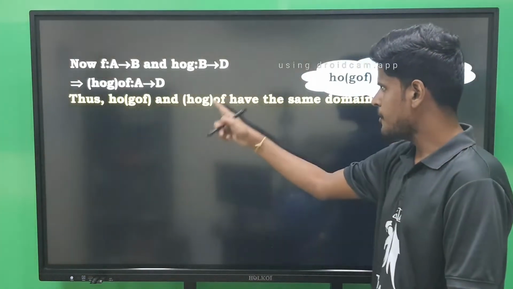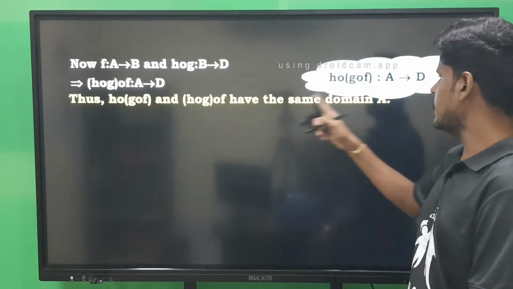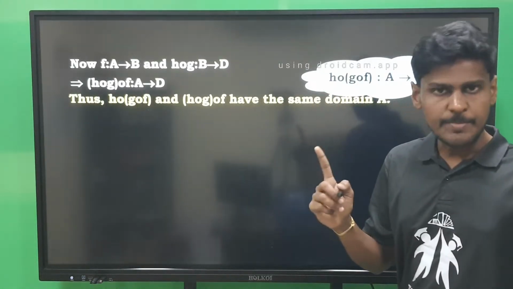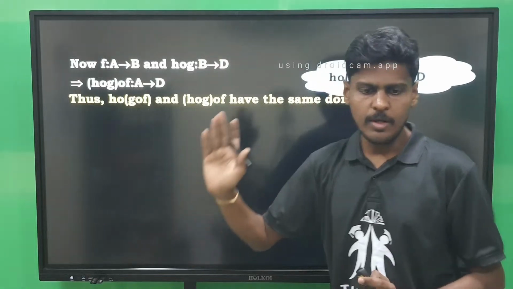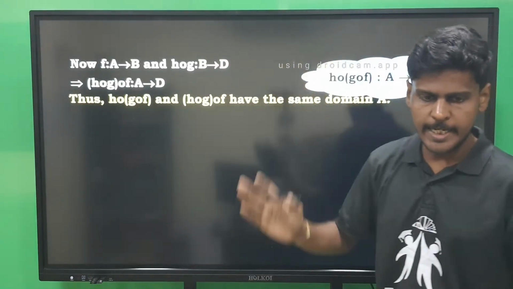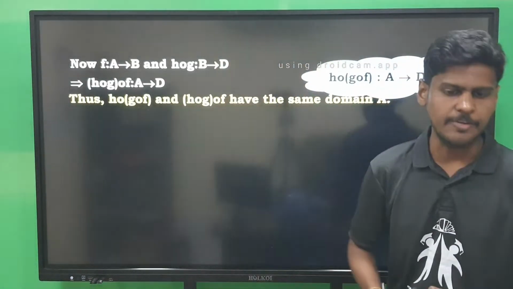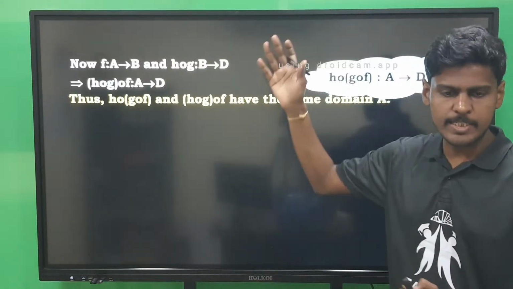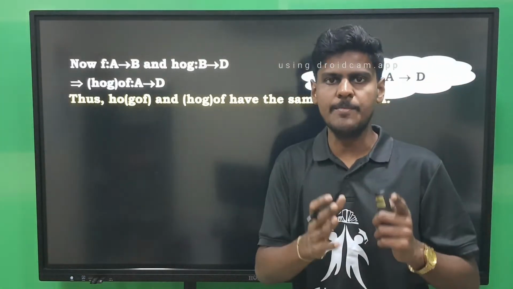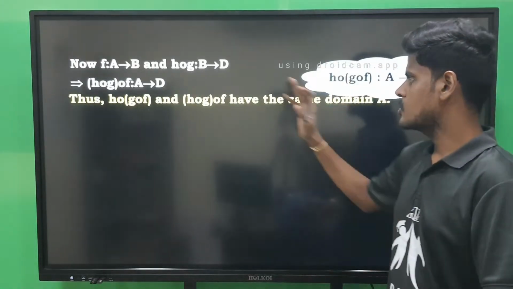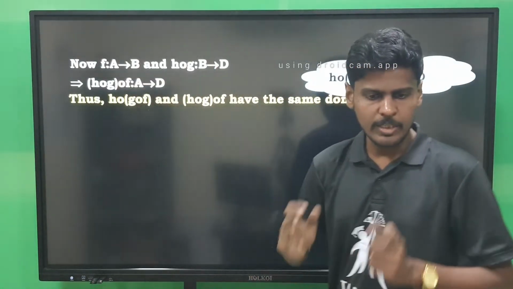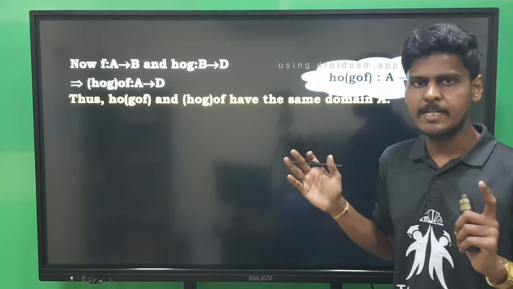So h∘(g∘f) and (h∘g)∘f both have the same domain. Remember, whenever we talk about domain, it should have an image for all the elements. Only then this qualifies as a function. We already know what is a function because each element in the domain should have some image in the other set. So therefore, the domain of both the functions is the same, that we can understand.